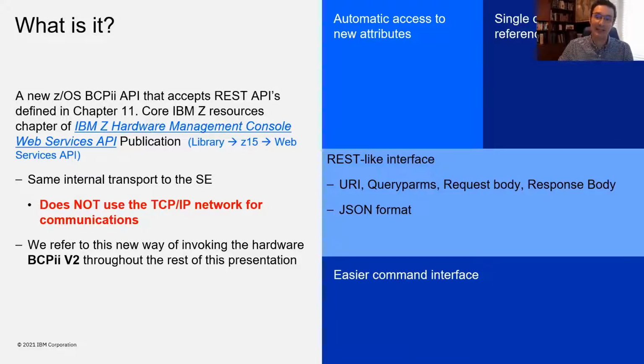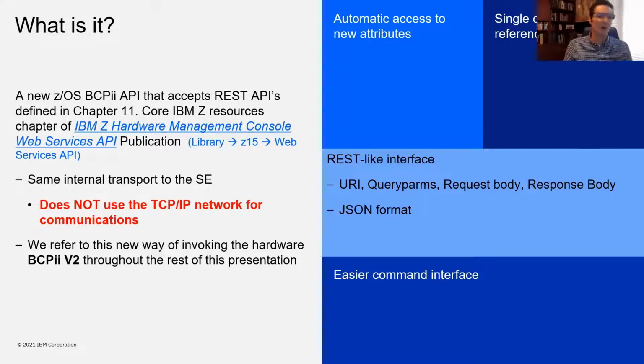So most likely, you're going to have those new attributes on the new hardware available right away, or much faster than before, when the hardware changed and had a bunch of new things that you could modify or query, but z/OS BCPii had to also make changes to their code. Now, when that hardware is available, these new attributes will be available as well.